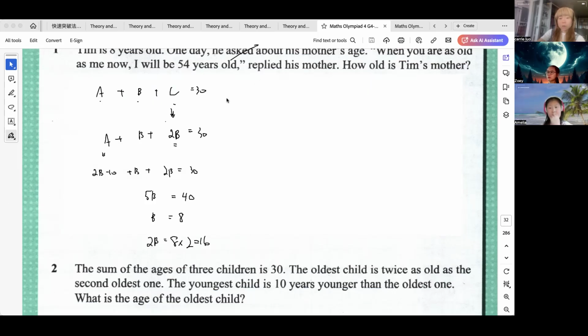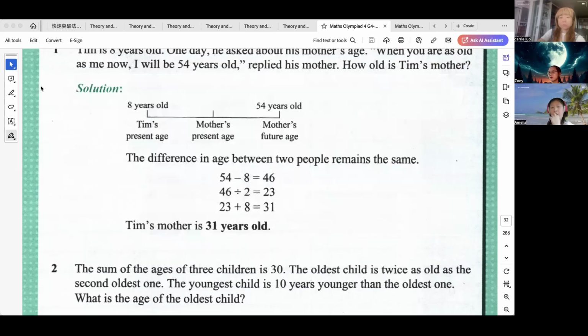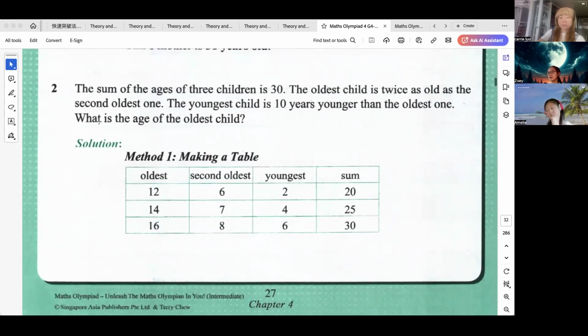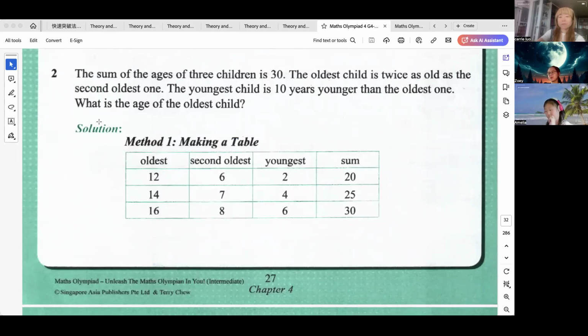Zoe, do you want to share your method? It was basically like this, except I calculated the second one first. I'm doing the second one first as well. Yeah, I calculated the second one and then substituted into the other one to find the first one. I got all three first, and then I realized and checked it with trial and error, I guess.